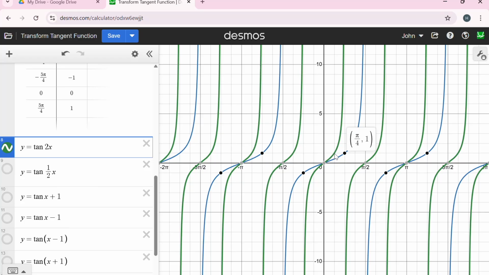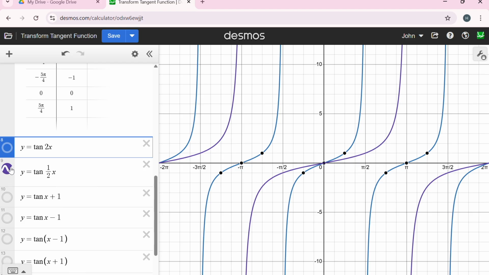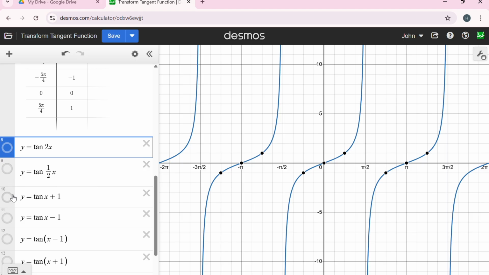So right there. What about a B value of 1/2? Well, that means it's a horizontal stretch factor about the y-axis of a factor of 2. So does it make sense that pi over 4, 1 is stretched to pi over 2, 1? It does.